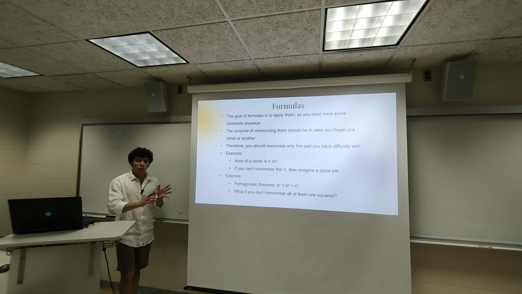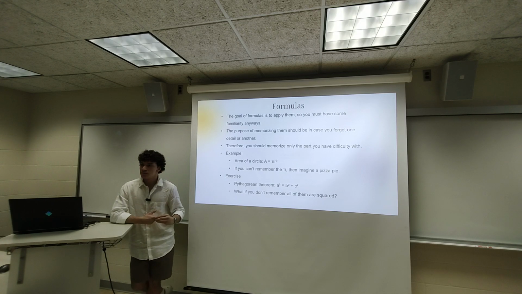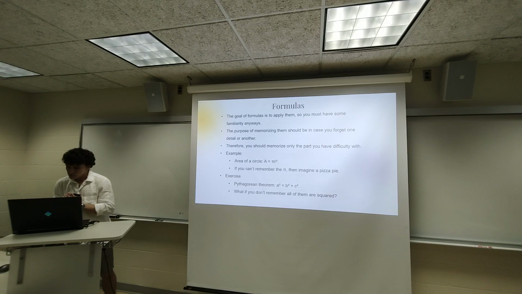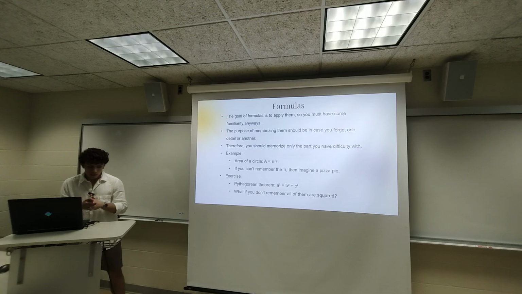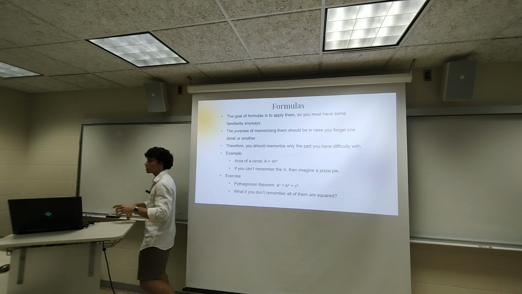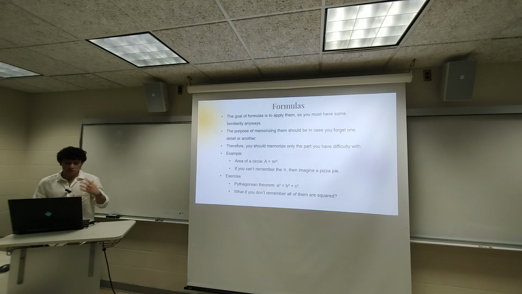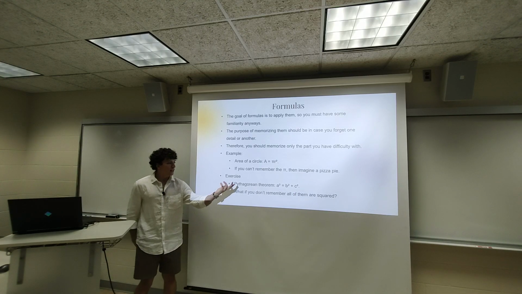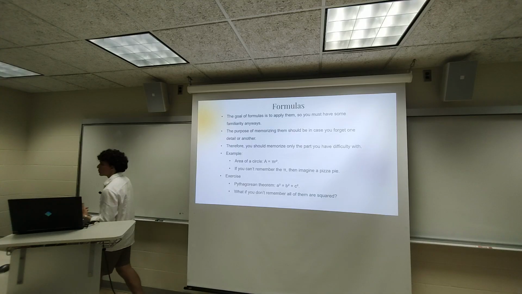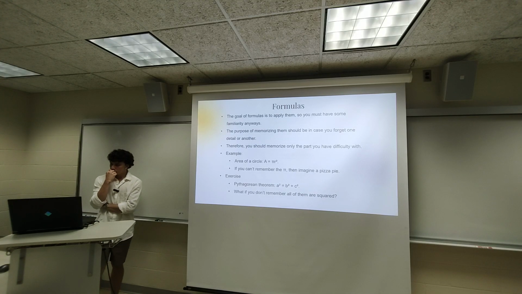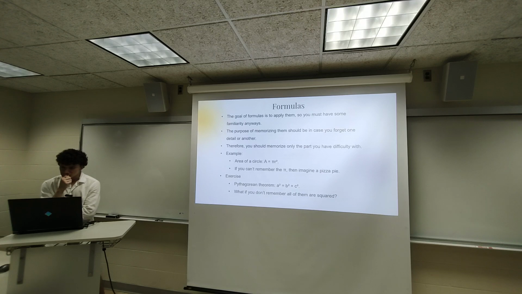What if you're having trouble remembering that they are all squared? How can you associate the Pythagorean theorem with squared? How do I connect these two ideas? I'll give you 10, 15 seconds.